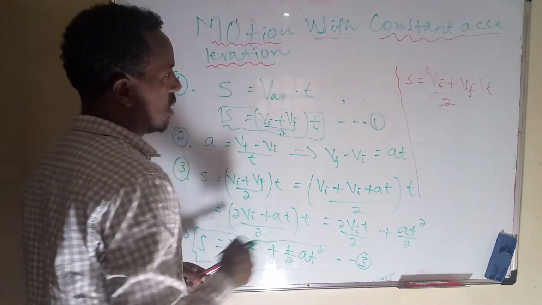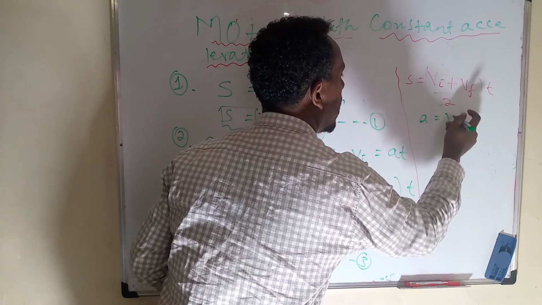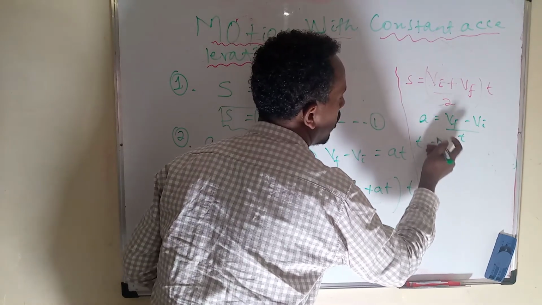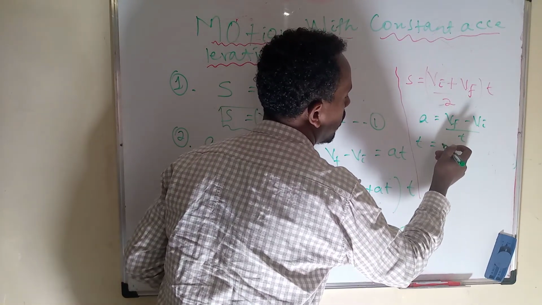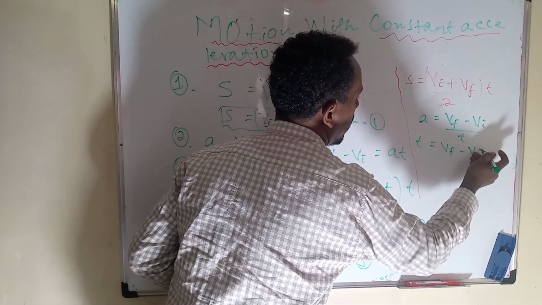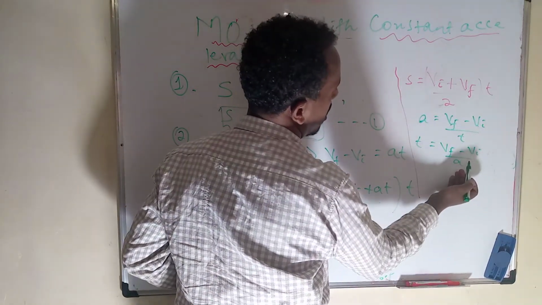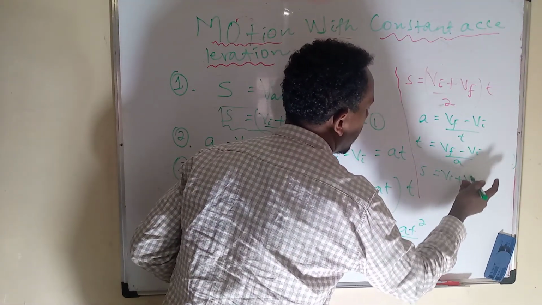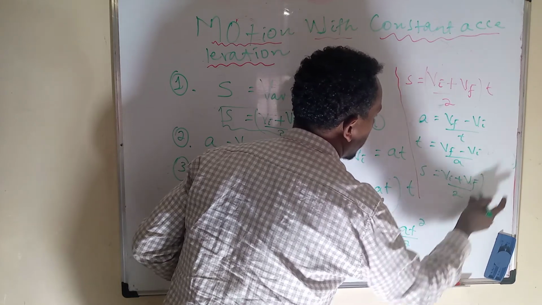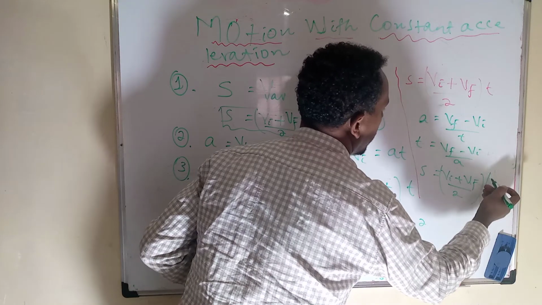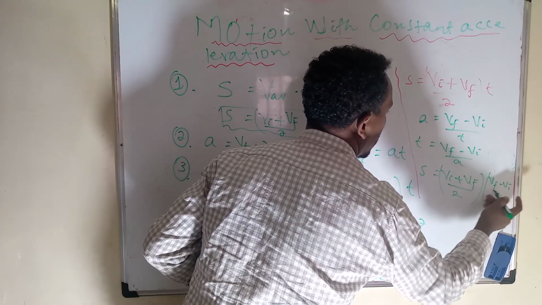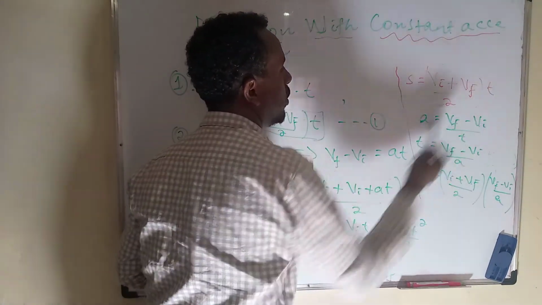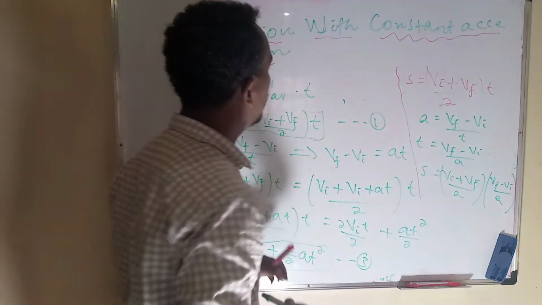Now, from acceleration equal to final velocity minus initial velocity over t, t is equal to final velocity minus initial velocity over a. Substitute this instead of t. S is equal to initial velocity plus final velocity over 2 times final velocity minus initial velocity over acceleration. I substituted this here because this expression is equal to time.